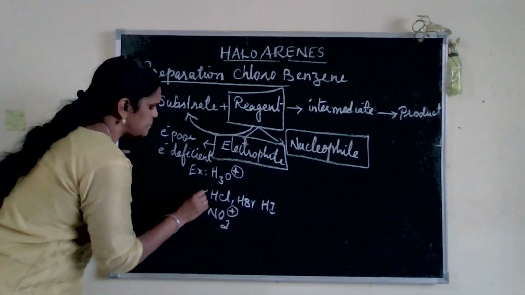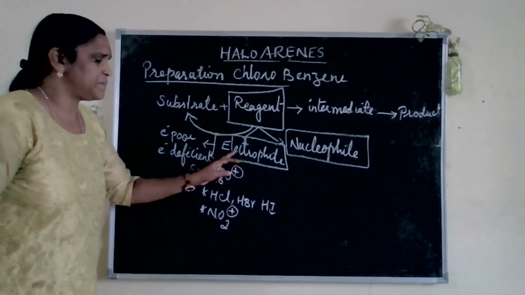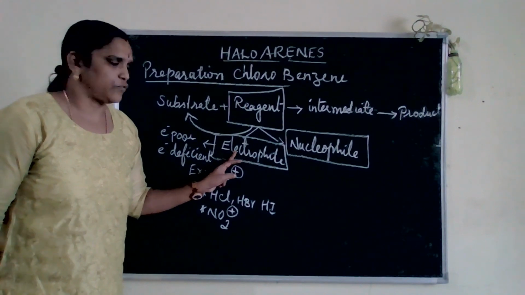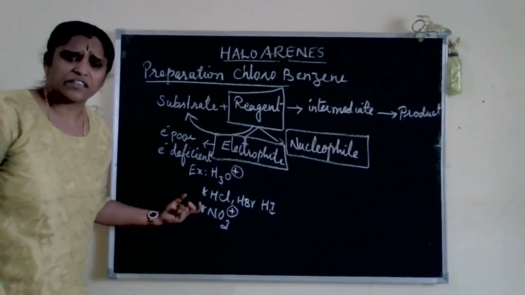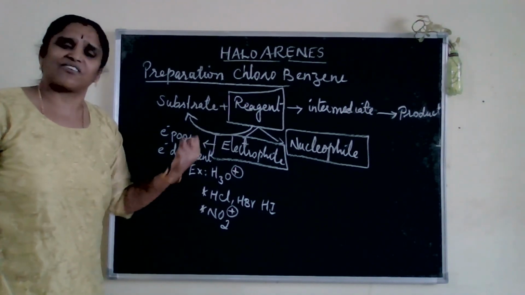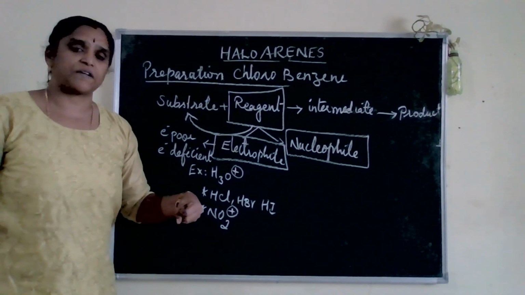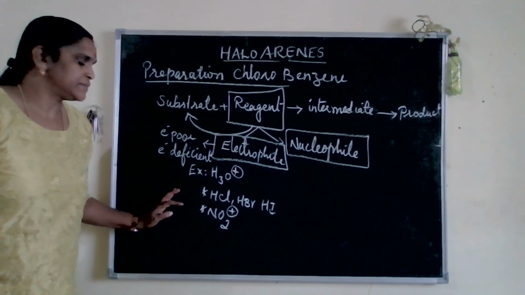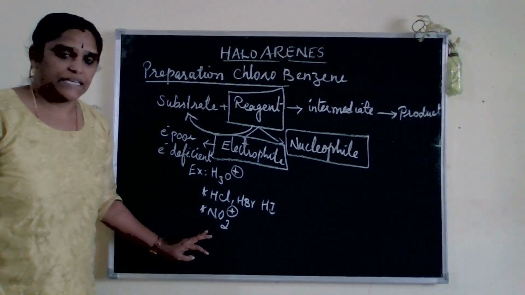So generally all these examples come under electrophile. Now electrophile means you are thorough now. Electrophile is nothing but electron deficient, electron poor, electron receiver, electron acceptor. So these are the points and examples. Yes, fine.